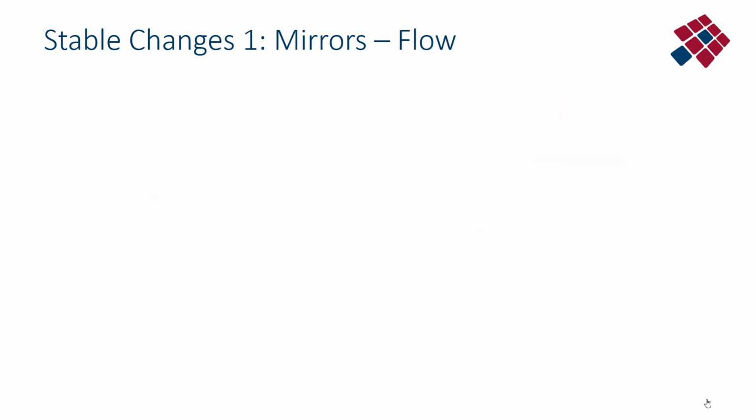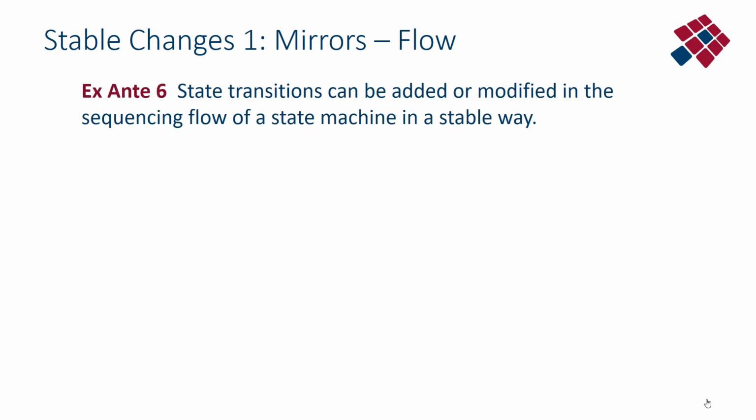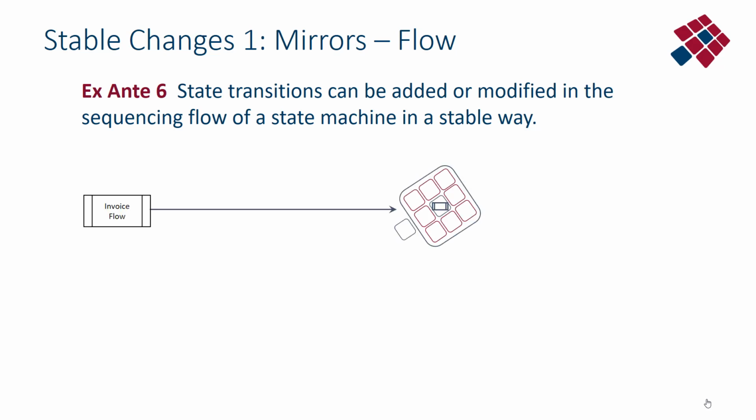Another stable change is related to the flow element. So you can have new state transitions in the state machines of the flow. They can be added or modified in the sequencing flow of the flow element state machine in a stable way. Suppose you have a flow entity implemented in a flow element, consisting of a number of data and action classes.